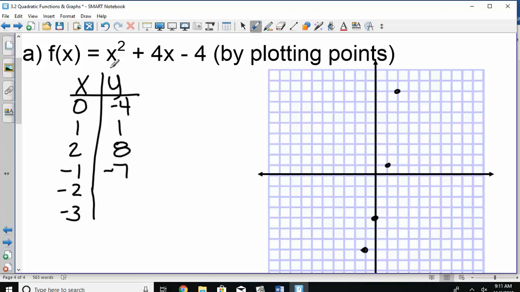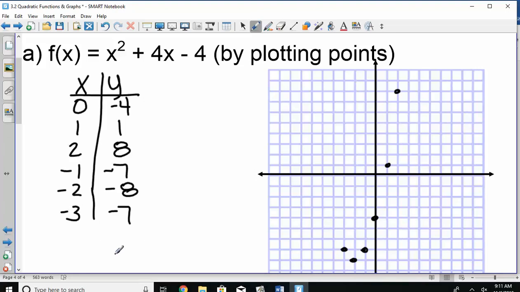If I put in -2, then I get 4 minus 8 minus 4, so -2 gives me -8. I put in -3, then I get 9 minus 12 minus 4, so -7.